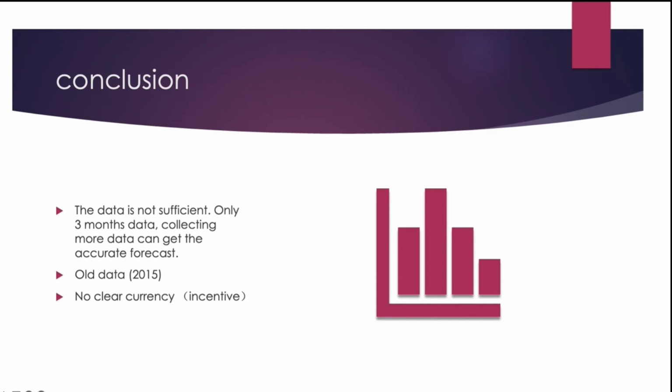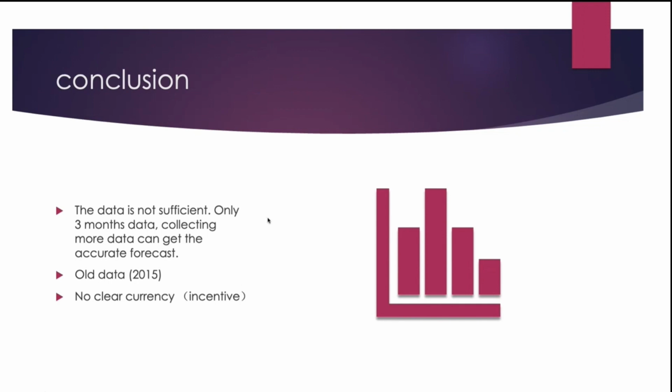In conclusion, after I explored this data set, I found that the data is not sufficient because it is not enough. I think collecting more data can give a more accurate forecast. And also, I found that the data is quite old.